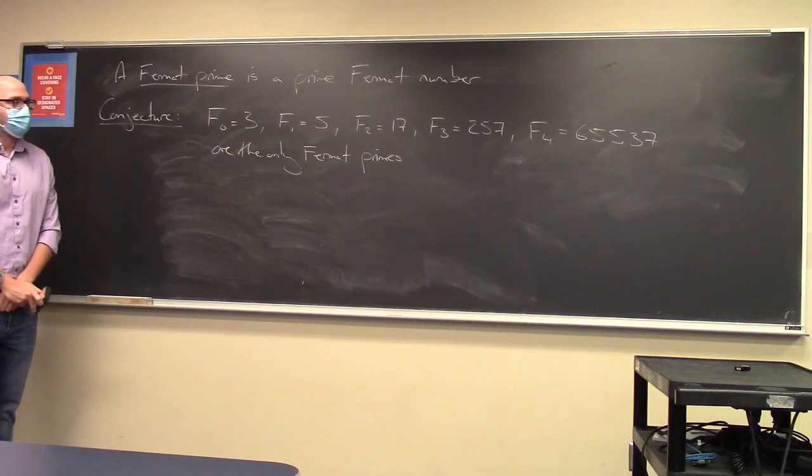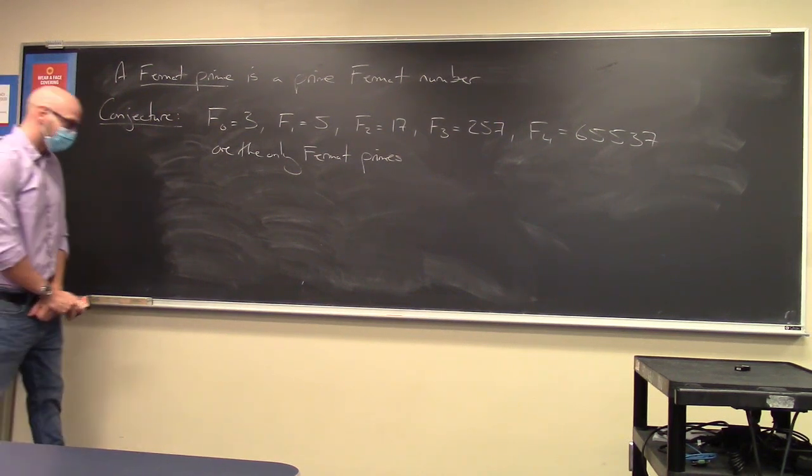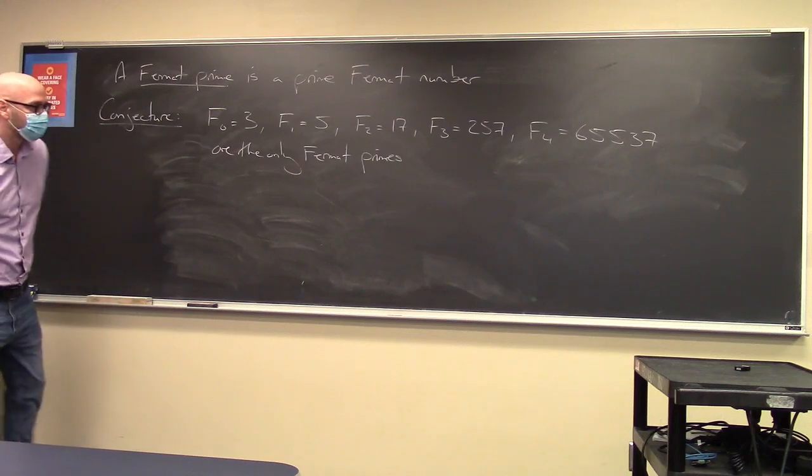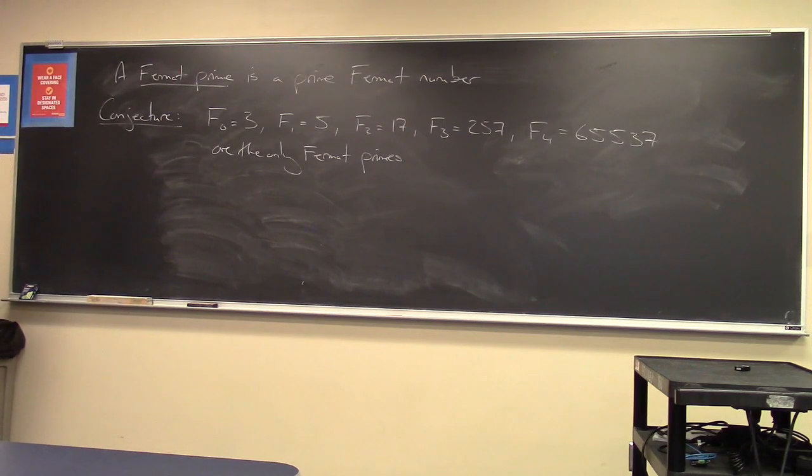This remains unresolved. No one really knows if this is true. We don't even have a whole lot of evidence that it's true. We've only checked the first 32 of these things.